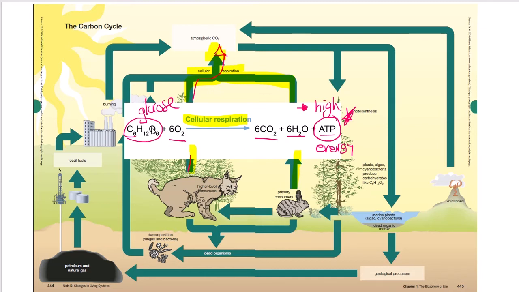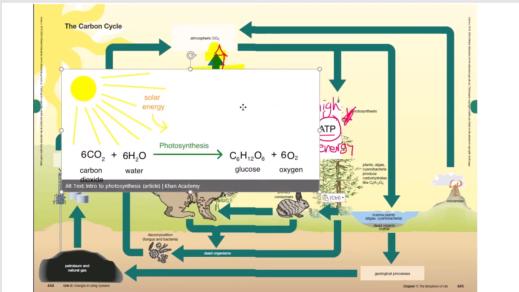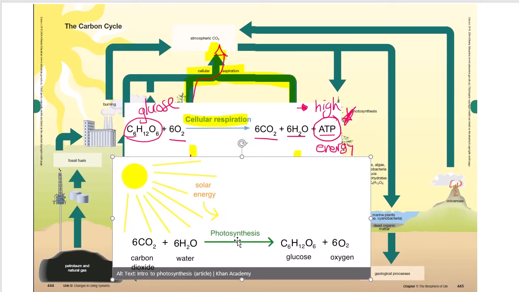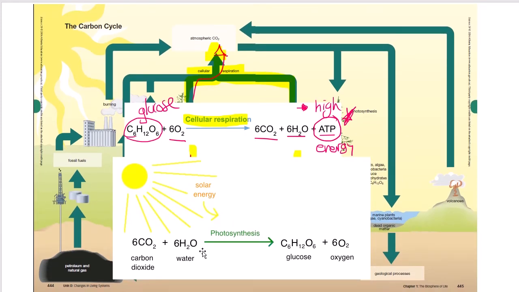So you'll notice that on the grand scheme of things, at the large scale, cellular respiration and photosynthesis are basically the opposite of each other. Here's photosynthesis down here. Here's cellular respiration up here. So photosynthesis has carbon dioxide and water as reactants.